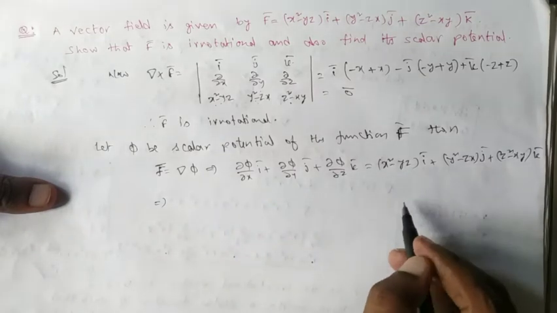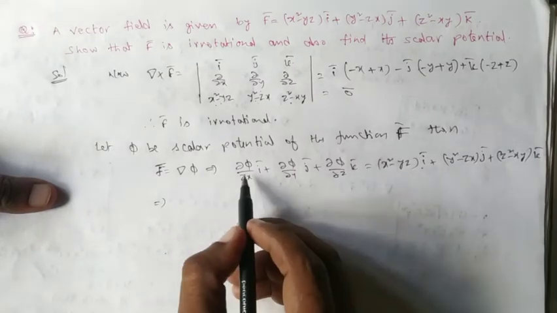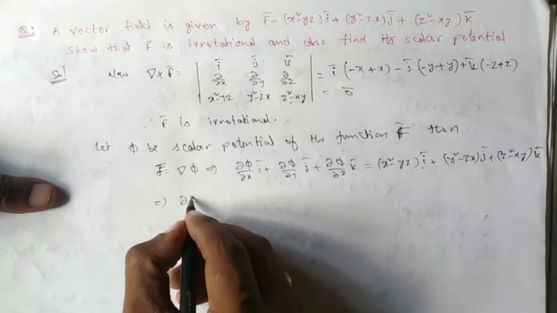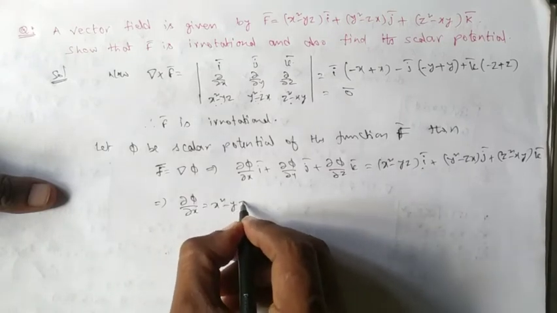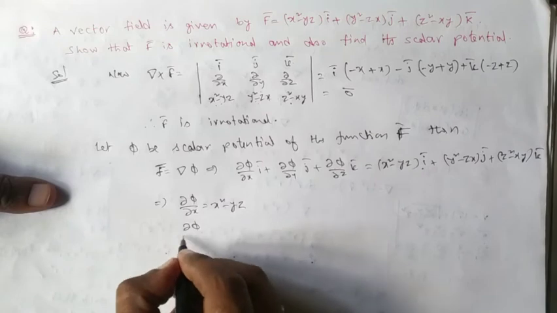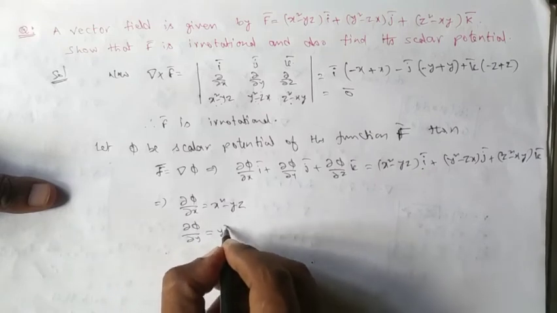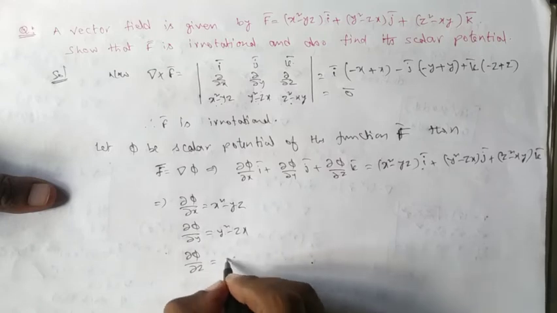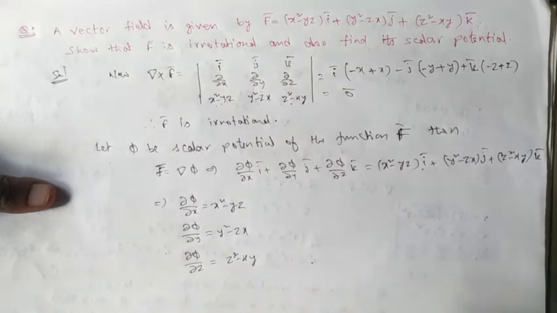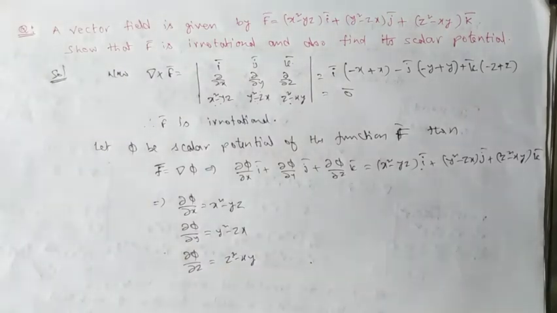On equating, the i bar coefficient must be equal to the i bar coefficient. So we have dou pi by dou x equal to x square minus yz, dou pi by dou y equal to y square minus zx, and dou pi by dou z equal to z square minus xy. These three things we can have.